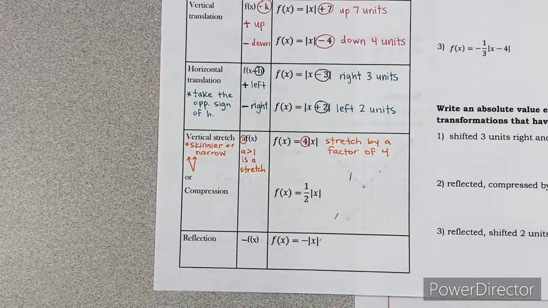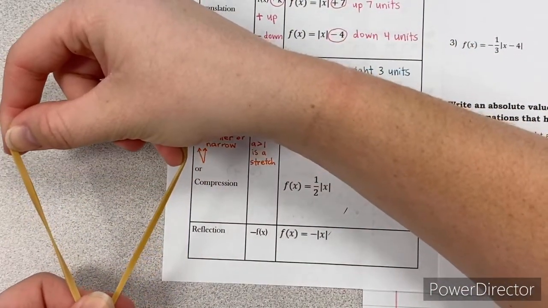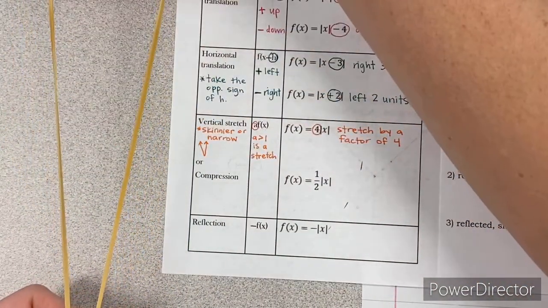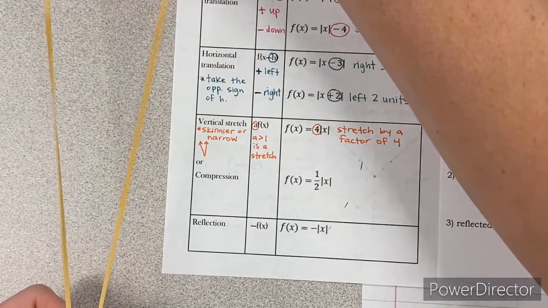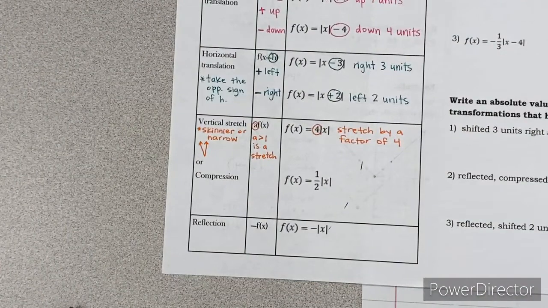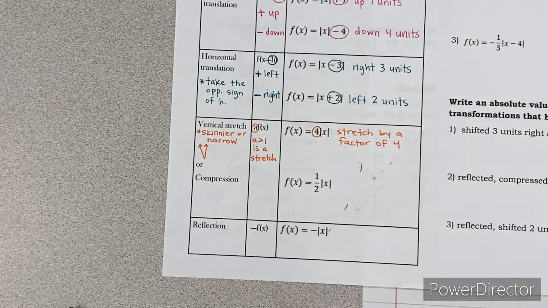If I see stretch by a factor of 4, I know that I took the normal sized graph, which looks like this, and I stretched it by a factor of 4, which caused the graph to be skinnier or more narrow. Okay? So that's what happens to a vertical stretch. You're just looking for that number that's in the A spot, and you're trying to determine, is it bigger than 1? If it is, it's going to be a stretch by that number.